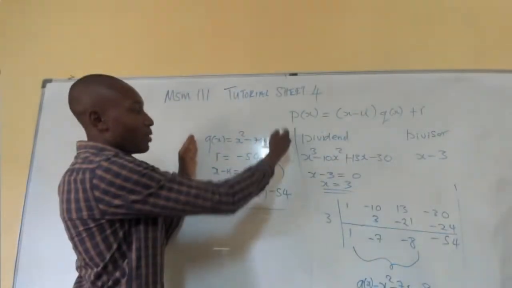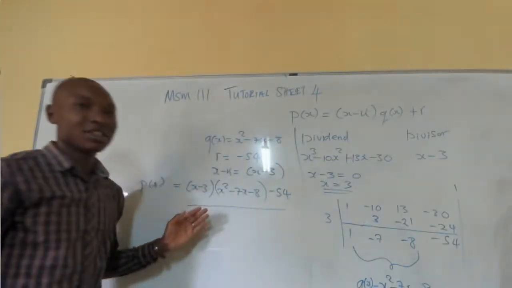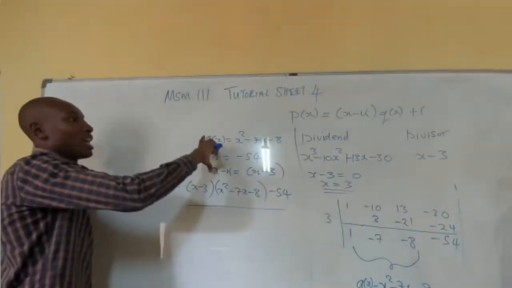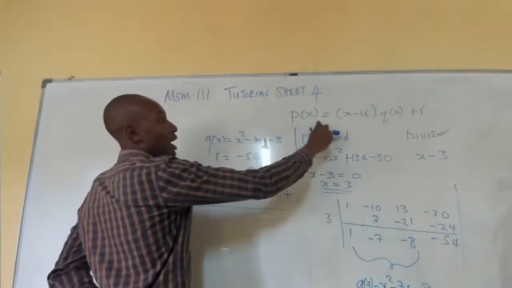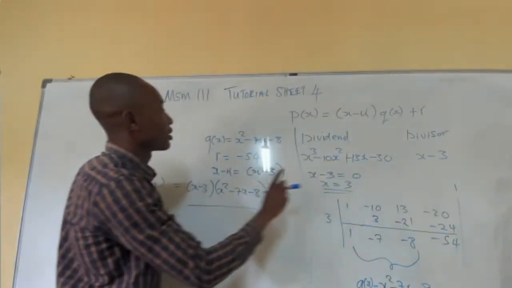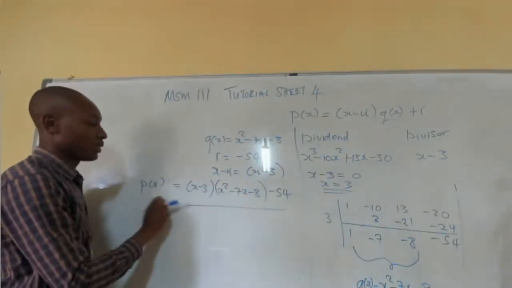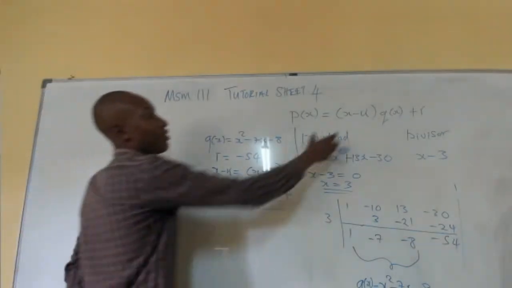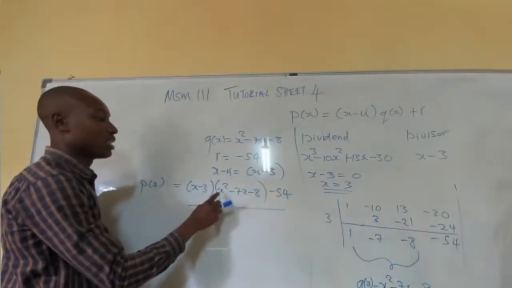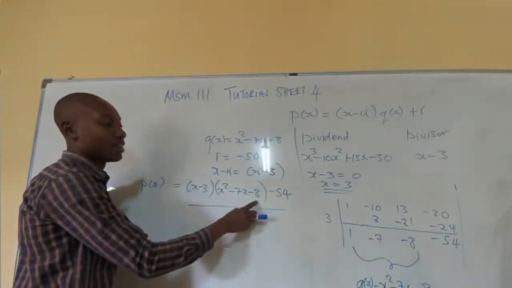So now, picking all these together, what I've just done is I've actually decided to multiply this according to the question. So it says px should be equal to x minus k, qx plus r. So this simply becomes px is equal to x minus 3. I'll replace this with x minus 3. The qx which we have in question is x squared minus 7x minus 8.